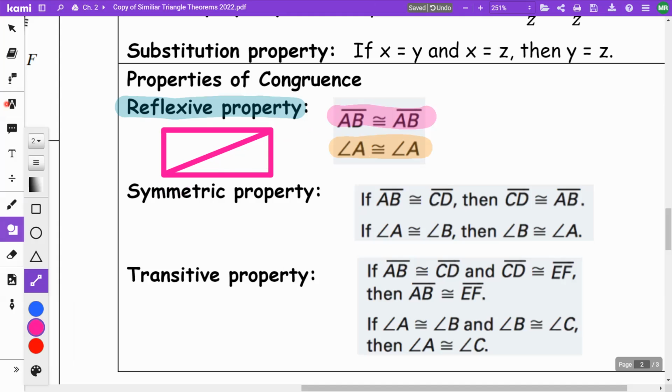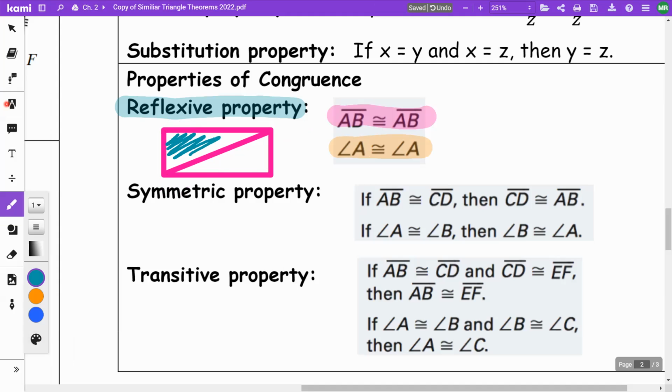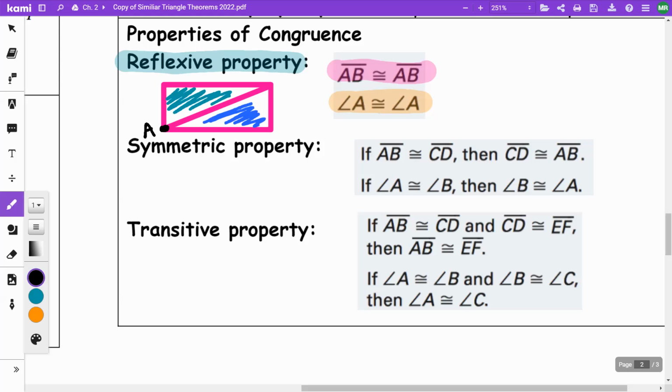So I have this triangle here, and I have this triangle here. Now, if I was to consider this vertex here, A, and this one I'll mark as B. So this one's A, this one's B.